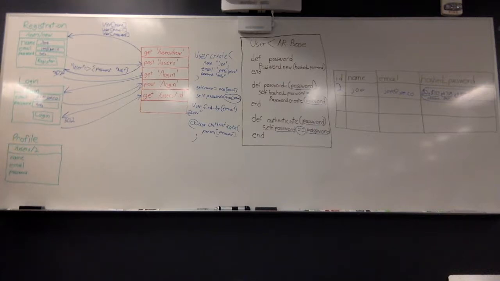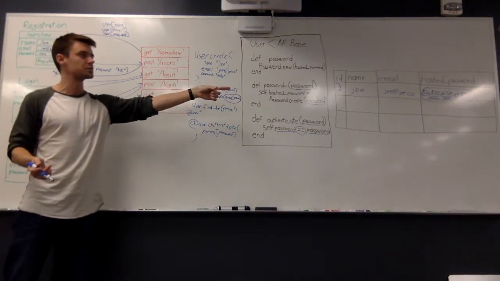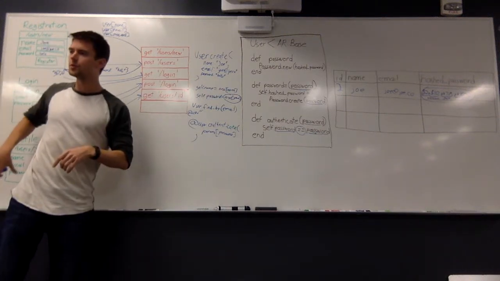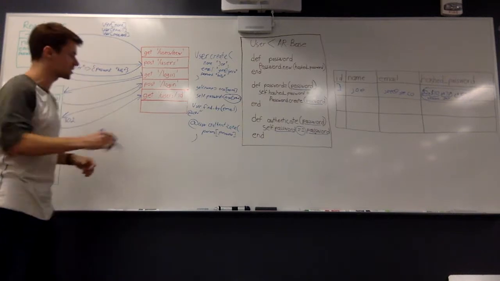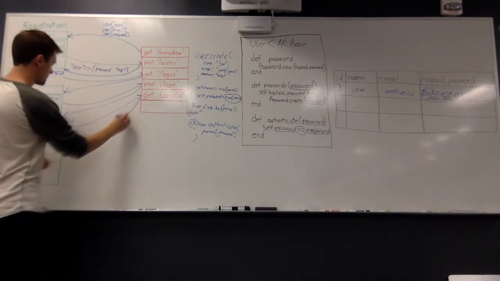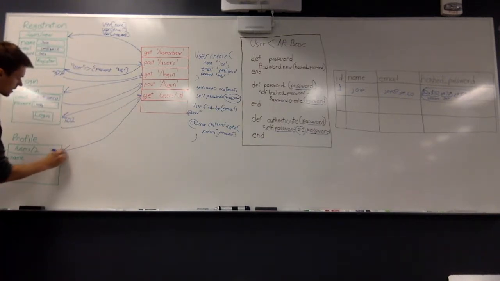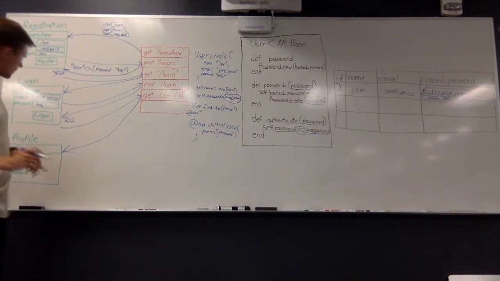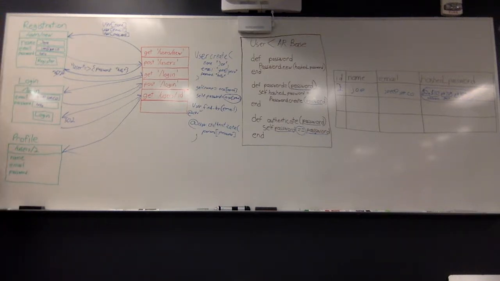Okay? So this is going to output the name, the email, and the password. So when this is run, we find the user, and then we have some view that shows that user's information. So when that response comes back, and I'm going to send it user.name, user.email, and user.password, right?